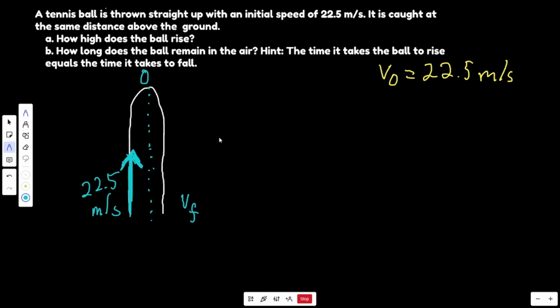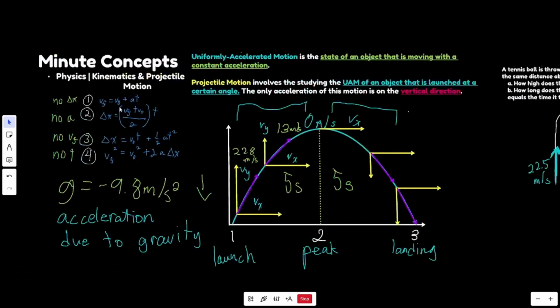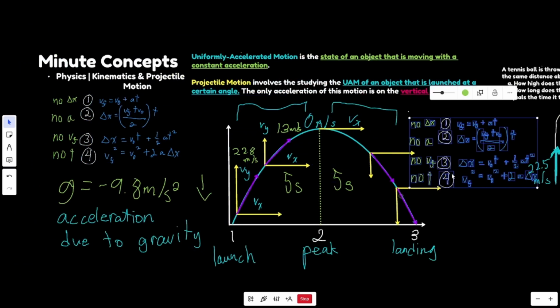Based on the given question, we are only given values on the left side, so we're going to be using the left hand values. And we're going to be working with the entire left side of the parabola first. So now, how high does the ball rise? Let's take a look at our kinematic equations again to see how these can help us.